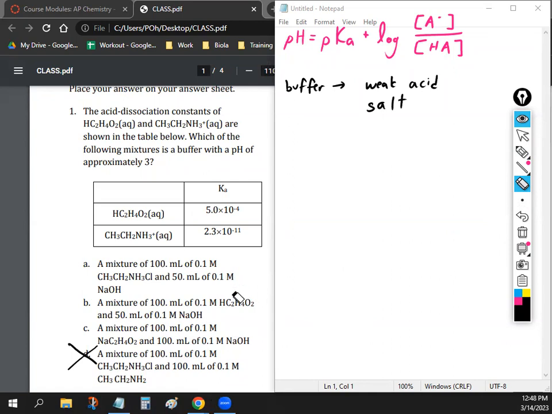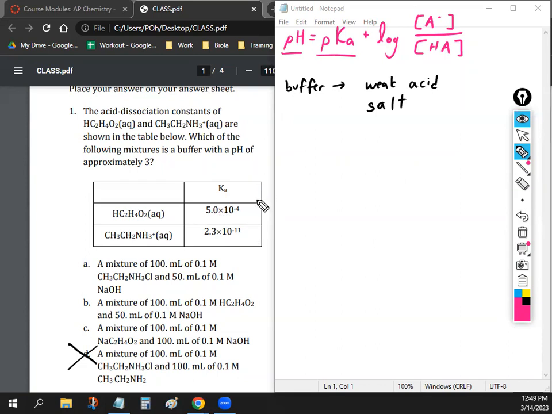Okay, so we got these three right here. Now, we have to take a look at this equation to understand a couple things about this. What we need to calculate, and this is the only calculation that you need to do, is the pKa. You should be able to notice that in order to find the pH of a buffer, we're going to want the pKa. So let's calculate the pKa for both of these.